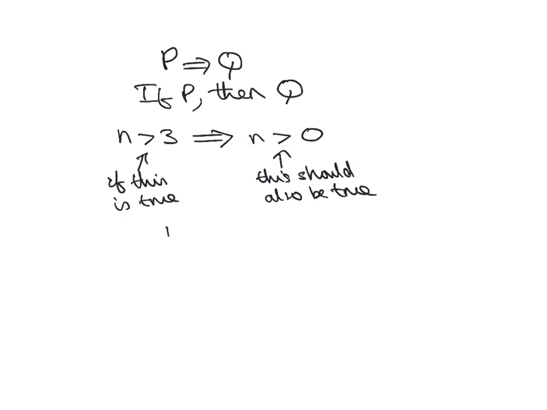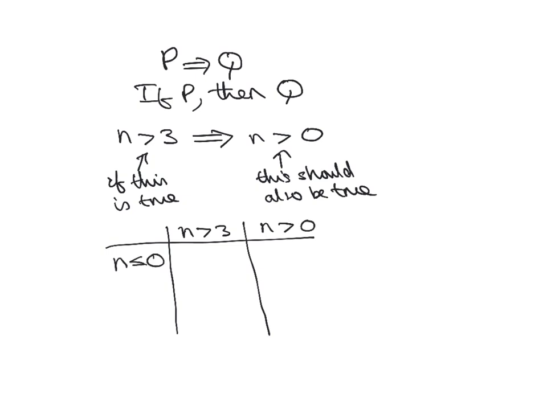So if we draw a truth table, looking at different values of n, so if n is less than or equal to 0, both of the predicates are false.